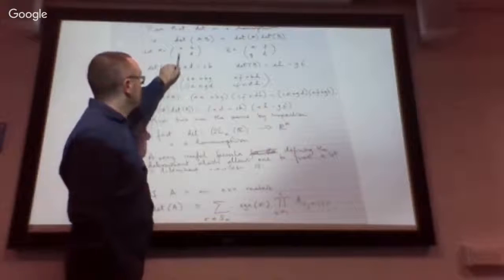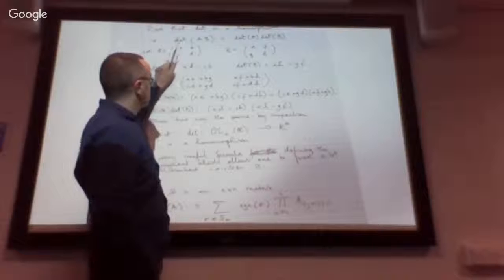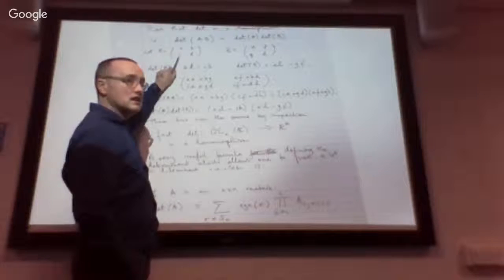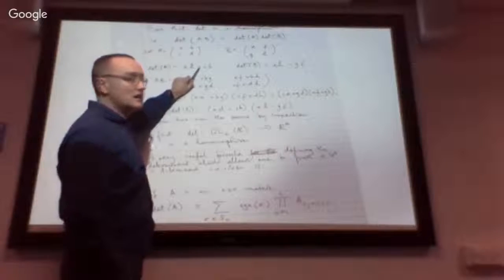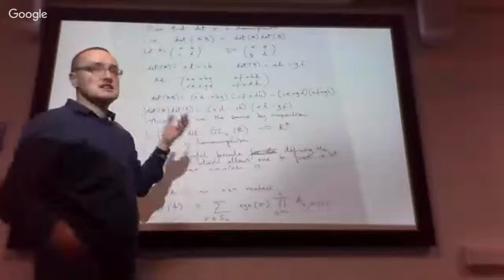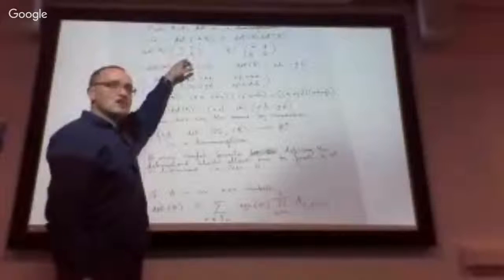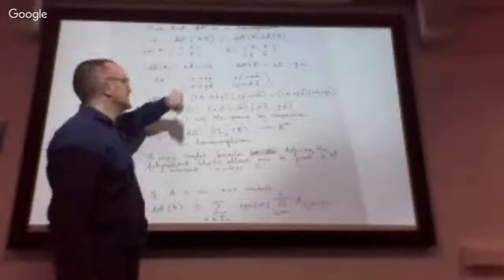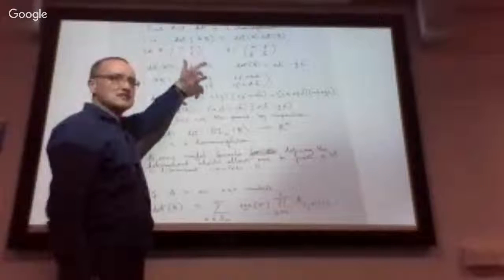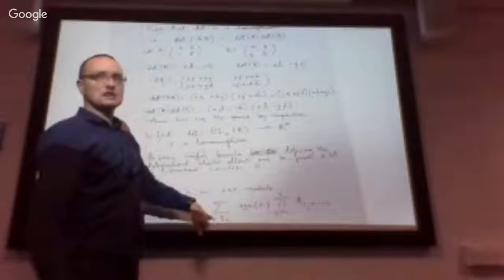The next product is the second entry from the first row and the first entry from the second row, and that gets a minus. If you expand out a general 3 by 3 determinant, you get a bunch of terms. Each term is a product of 3 things, one from each row and column, with a positive or negative sign attached. And if you examine what comes out, it's exactly this expression.